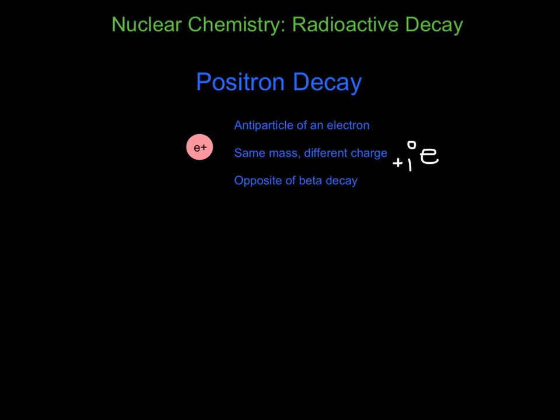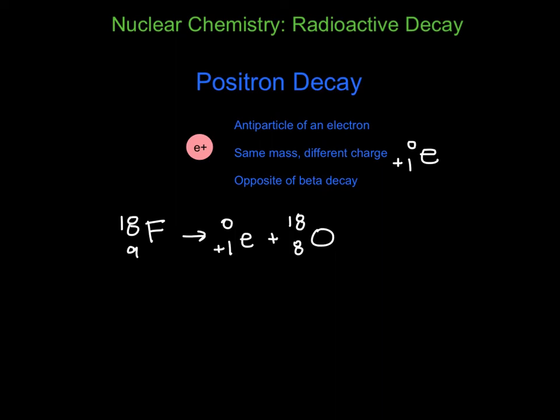So if we were to look at an example of positron decay, if we have our fluorine 18 undergoing positron decay, it's going to emit a positron, and it's going to become oxygen 18.